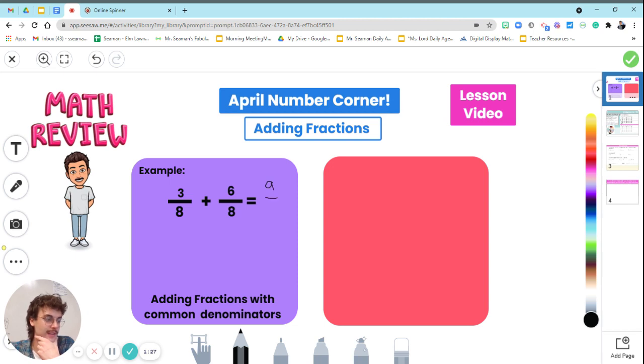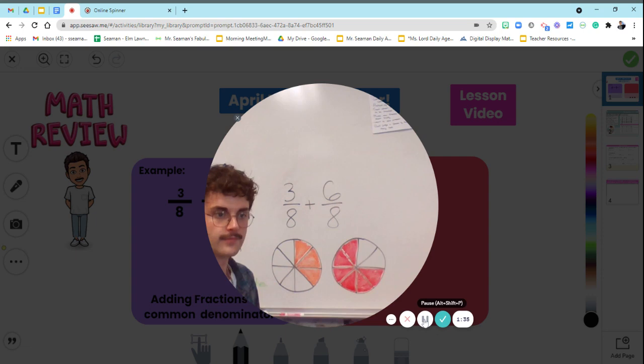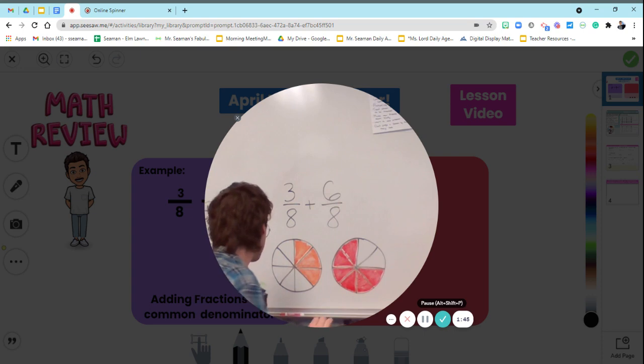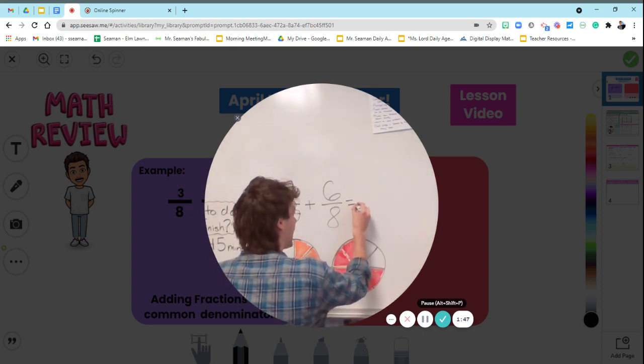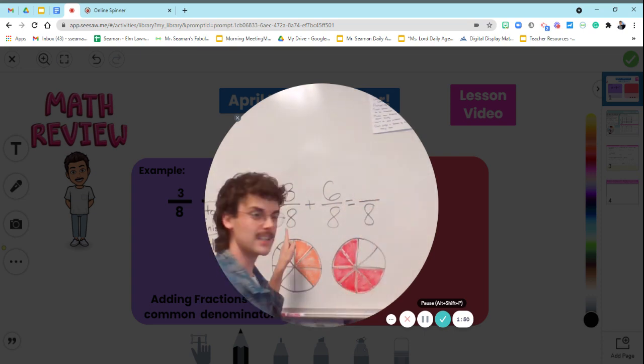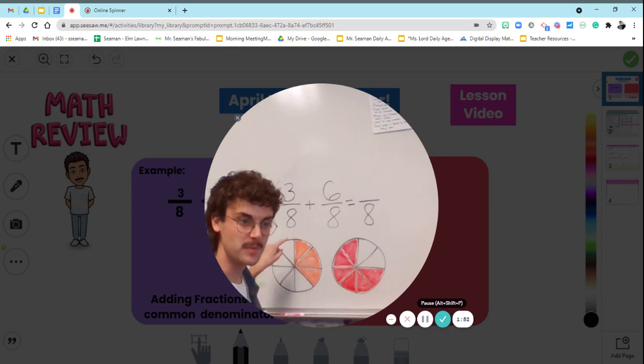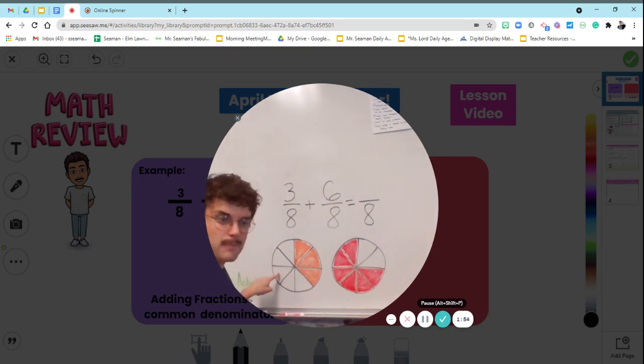And then here's the interesting part. I don't add the denominators. The denominator stays the same as 8. And let me show you why. As you can see here, I have drawn 3/8 as a pie chart and 6/8 as a pie chart. Now, the reason why our denominator stays 8 and doesn't become 16 is because these pieces are empty.